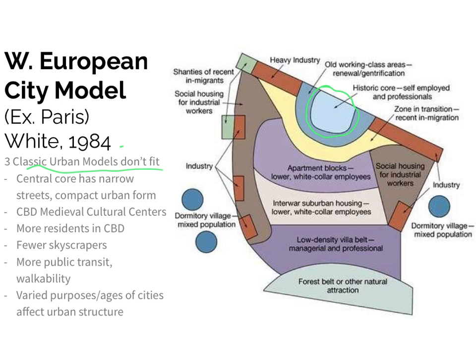Right around that is, again, what we would call that second zone. We would refer to it as your inner city, or your ghetto. These are old working class areas, where renewal and gentrification is happening.